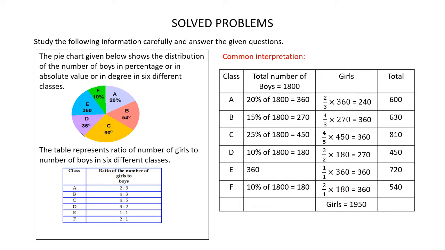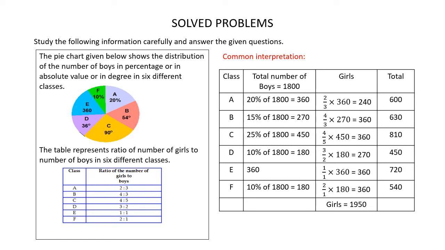This table shows the ratio of the number of girls to the number of boys in the 6 different classes. For class A, the ratio of girls to boys is given as 2:3. This means for every 3 boys in the class, there are 2 girls.